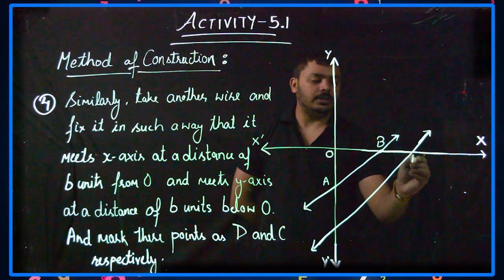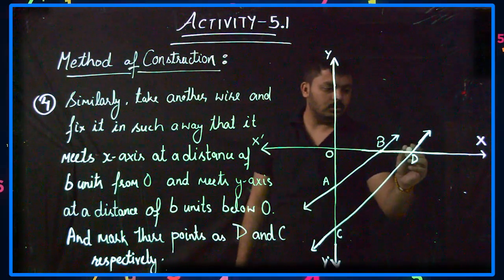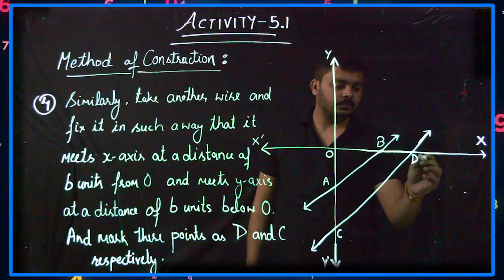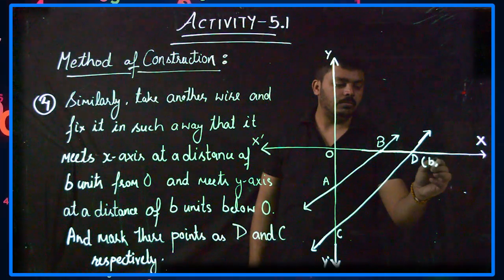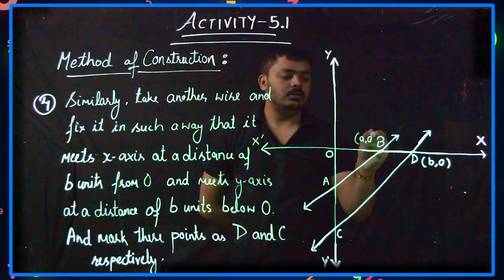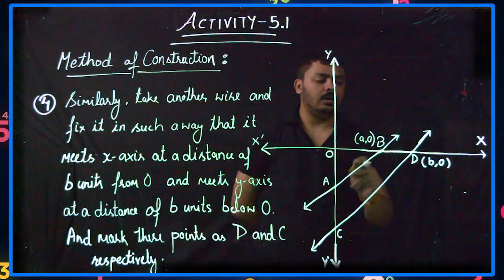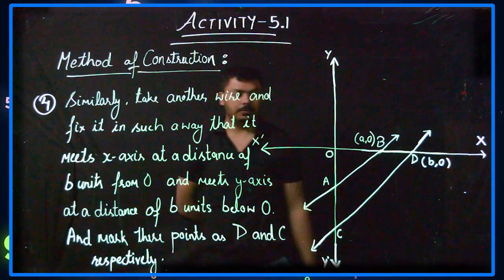Mark this point as D and this point as C. So this coordinate becomes B0 and this is A0, as it is at a distance of a, and D is at a distance of b.